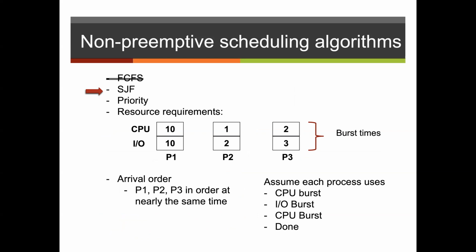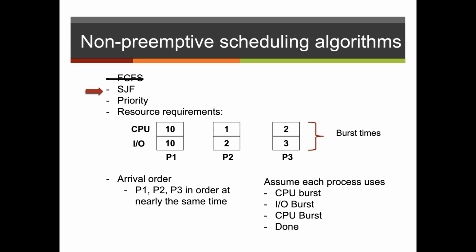And we have our arrival order, P1, P2, and P3, as well as the CPU bursts, IO bursts, and CPU bursts, and then they are done. And when we consider the shortest job first, this means that we're making a decision to execute the job based on the intended execution time.